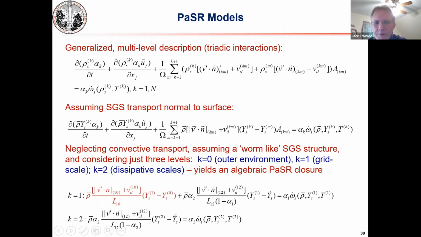And if you just look at three environment levels, where you have an outer environment, an environment that's associated with the grid scale where you're trying to solve the problem, and then a level below that in which your dissipative scales are active, you can take this form and convert it to an algebraic closure. So this is like a 3-environment PASR model. And I'll show you some results from one version of this in a little bit.